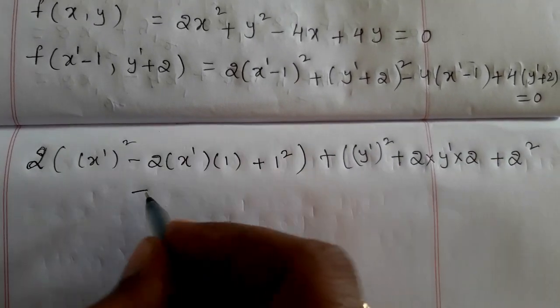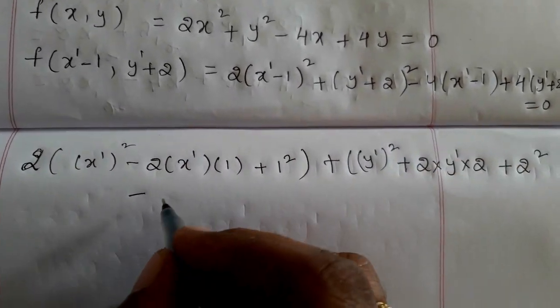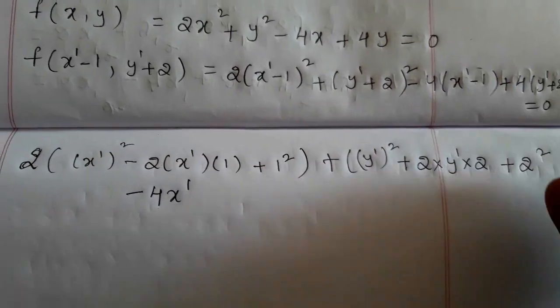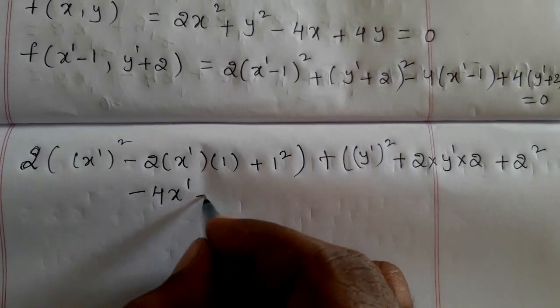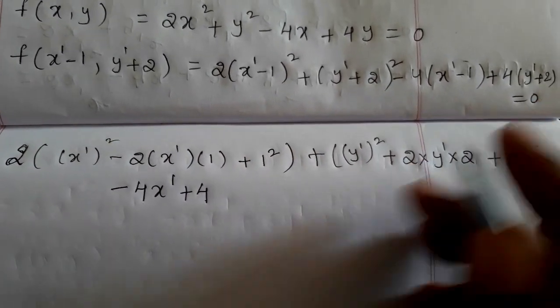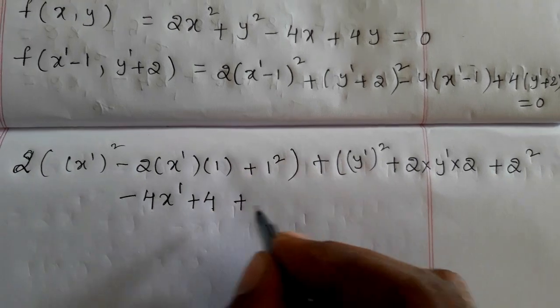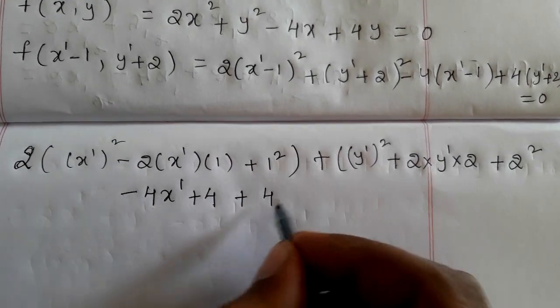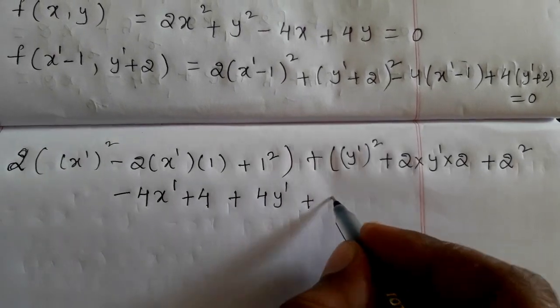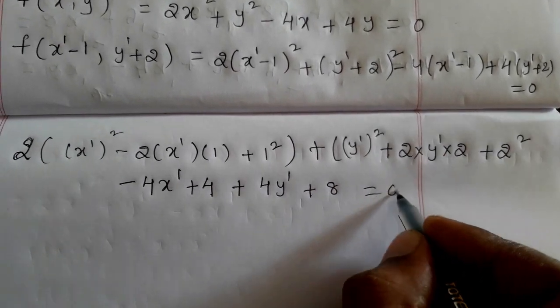Next, minus into plus is minus, 4 times x'; minus into minus is plus, 4 into 1 is 4; plus 4 into y' is 4y'; plus 4 into 2 is 8, equal to 0.